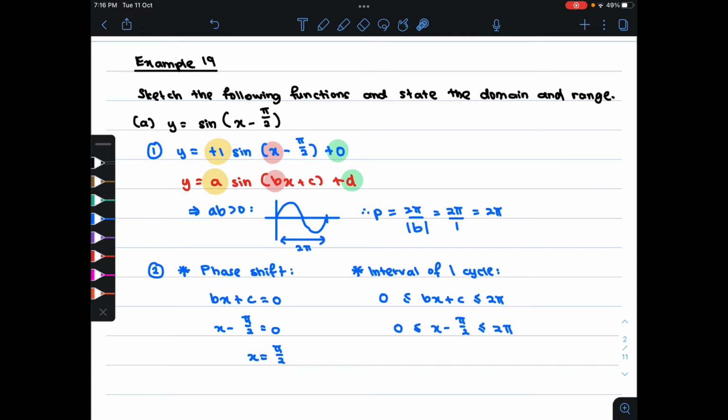To do that, we need to eliminate minus pi over 2. So that means everything here should be added with pi over 2. So 0 plus pi over 2 will give you pi over 2. This one right here, when you add pi over 2, will give you just x. And then 2 pi plus pi over 2 will give you 5 pi over 2.